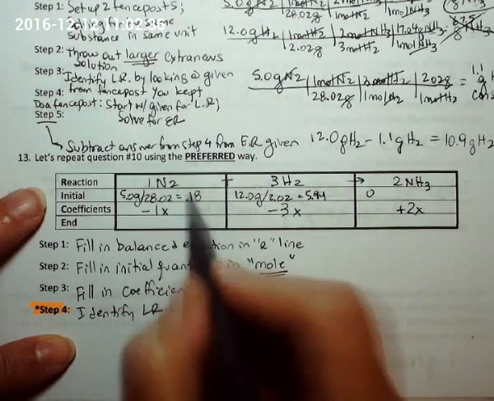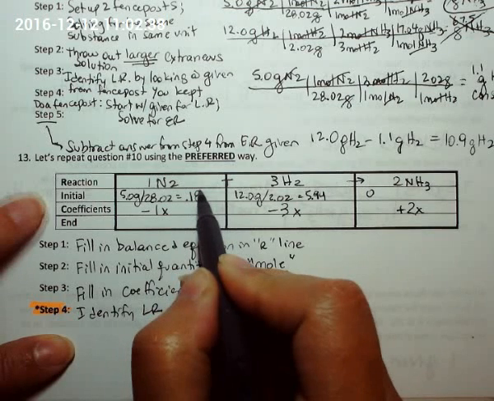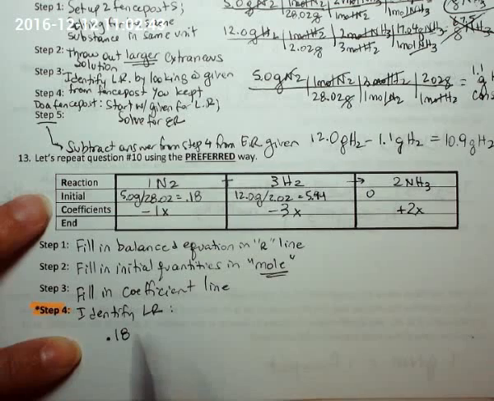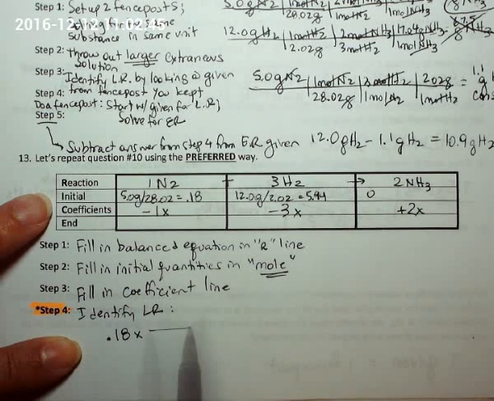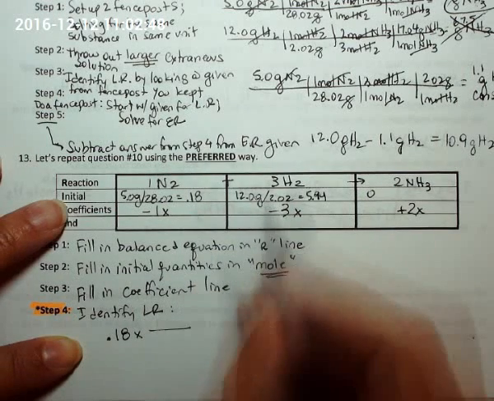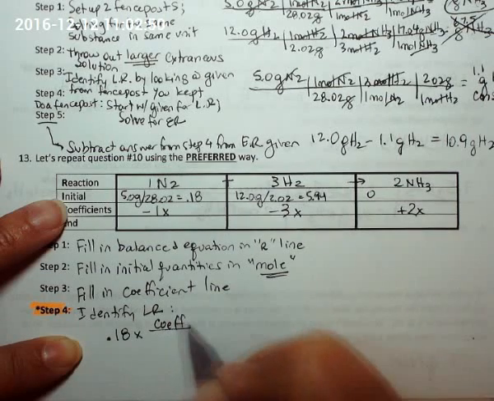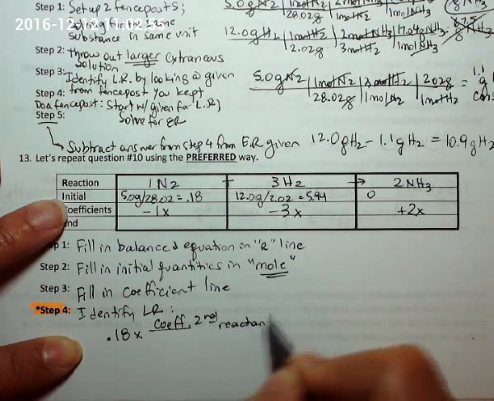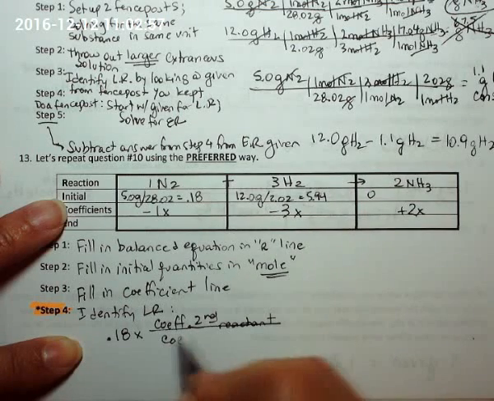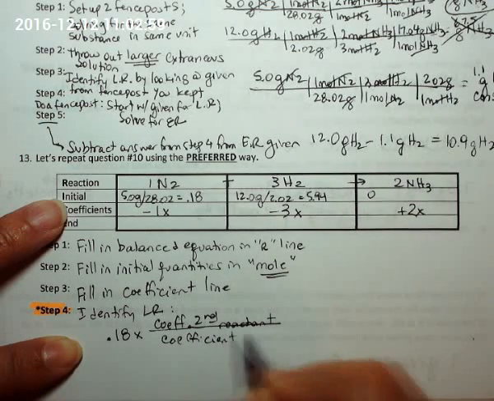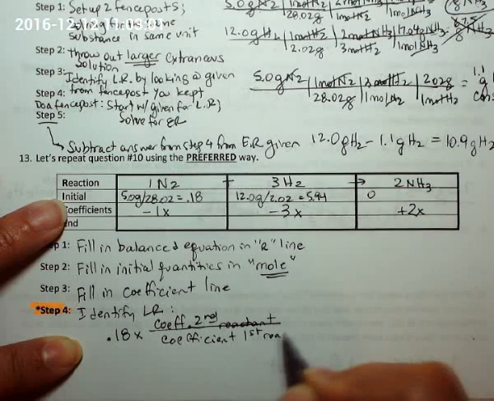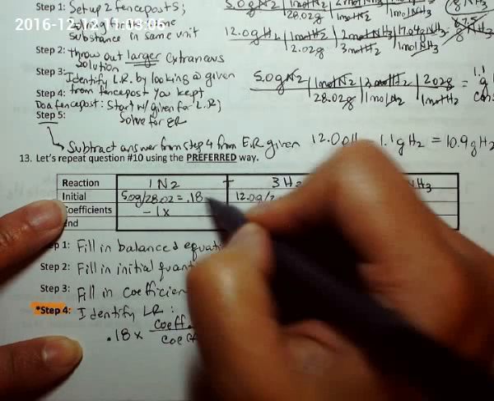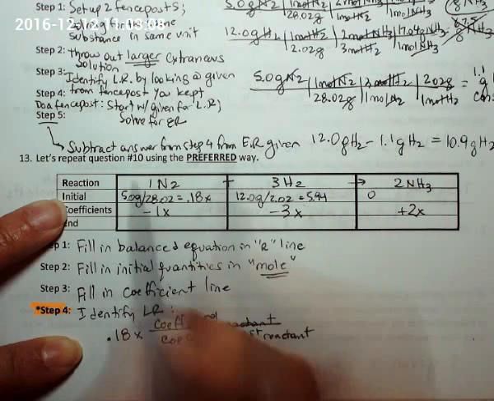I'm going to take the initial value for the first substance, and I'm going to multiply it by the ratio of the coefficient of the second reactant over the coefficient for the first reactant. So it's basically just the given in that first box times 3 over 1.